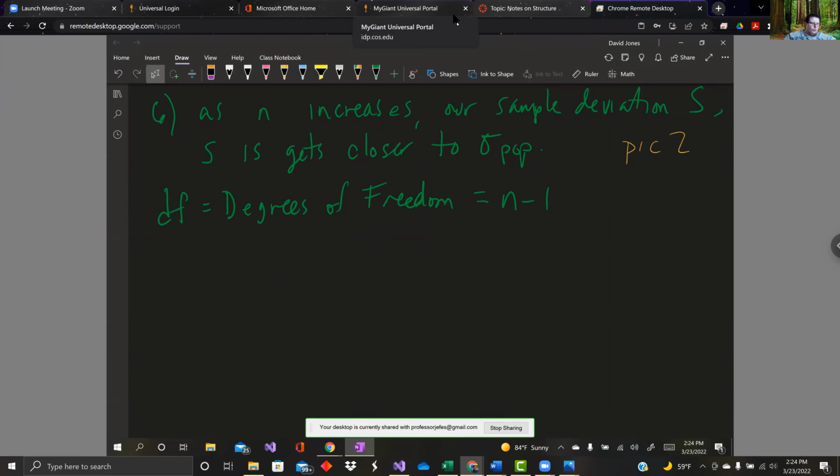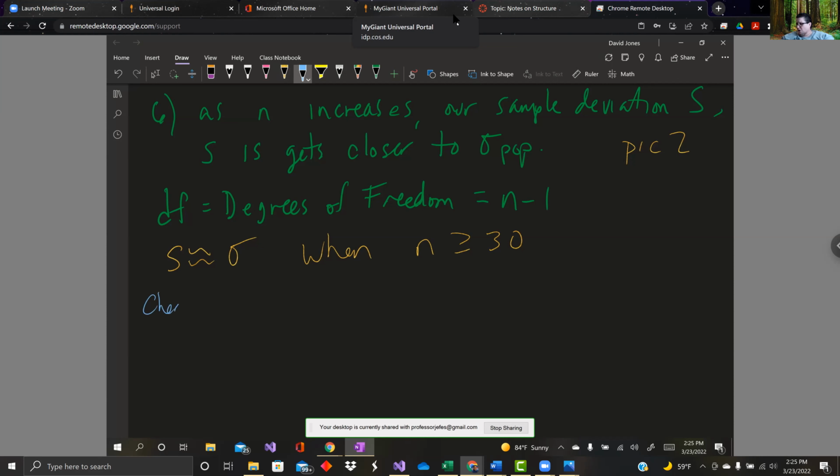And so where's that value? This happens at about, S is approximately sigma when n is greater than or equal to 30. So that's actually going to be one of our checks. Remember, we had some checks.